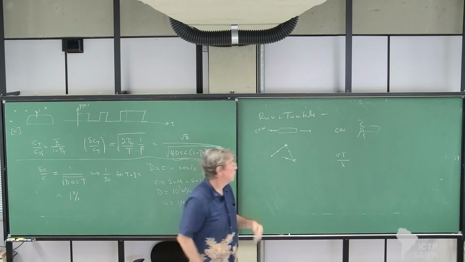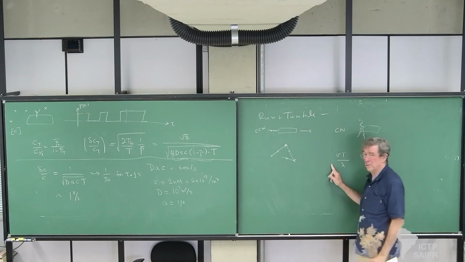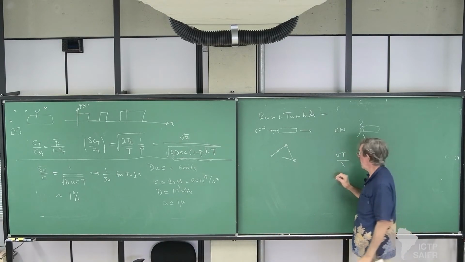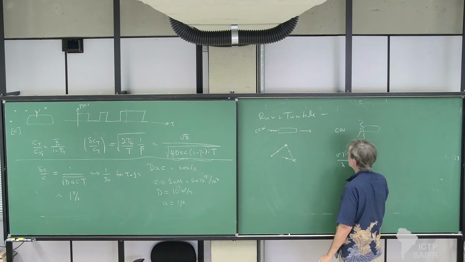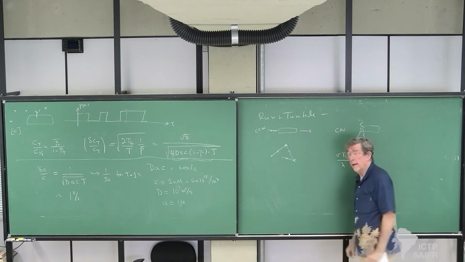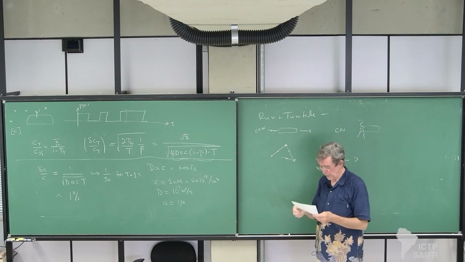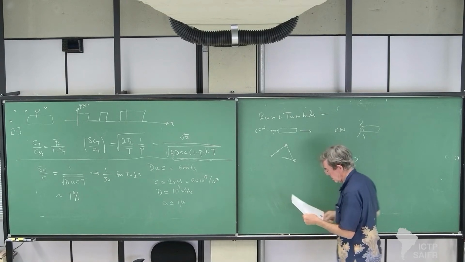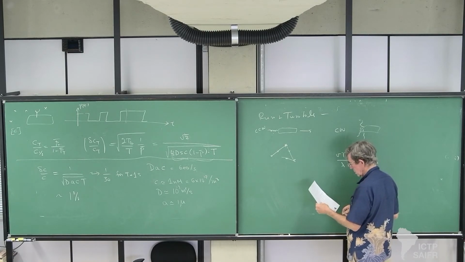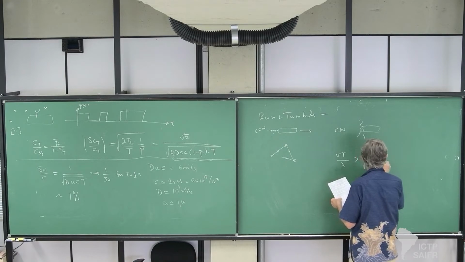So this is the fraction that I've got to be able to measure. And this has got to be bigger than this problem, right? What we decided was that this is going to be 1 over square root of dAct.